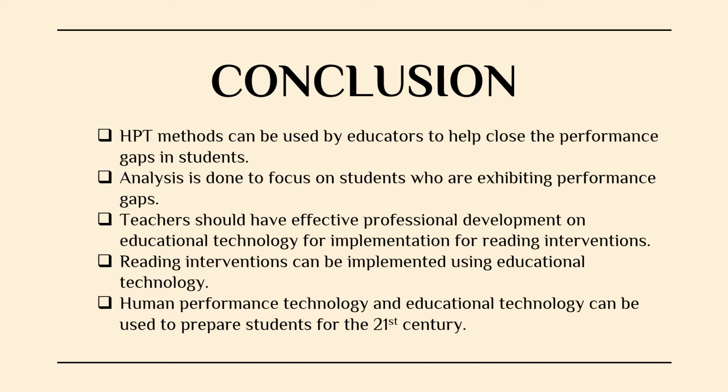The intervention and implementation portion of HPT would be that Core 5 reading program, which also evaluates students as they work through the program, and that is a formative assessment. HPT methods can be used by educators to help close the performance gap in students.